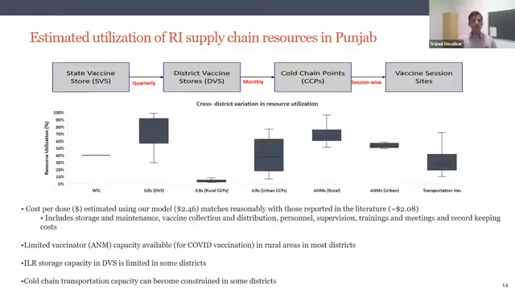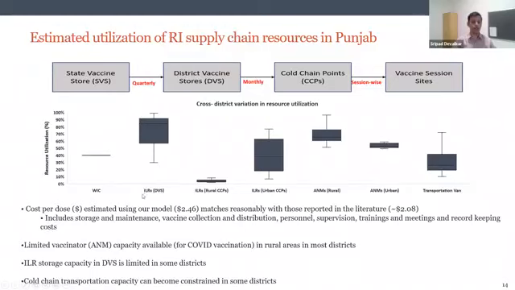And so when we use the data, the demand for routine immunization and the available capacity, what we find is there is significant variation in how much these resources are used across districts. Each of these bar charts represents the variation across districts in the utilization of a specific resource.